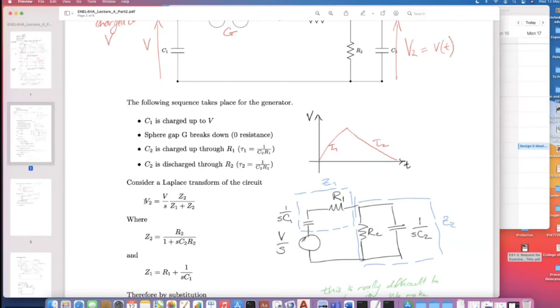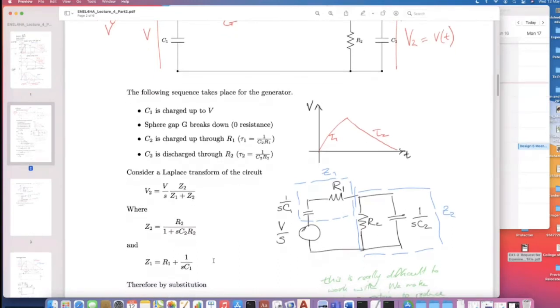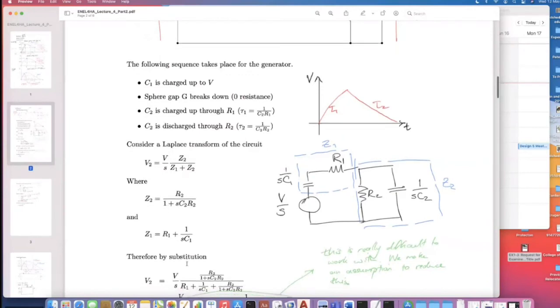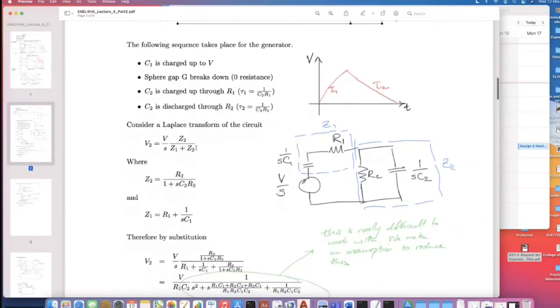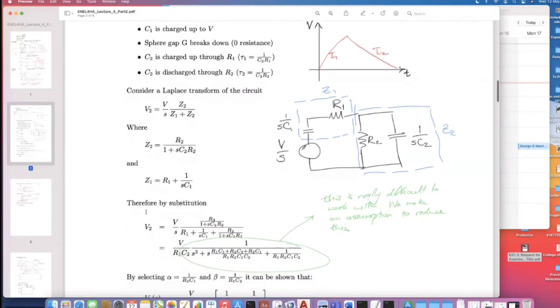If we just take our voltage divider rule, V2, our voltage across Z2, will be equal to the voltage from the source, V divided by S, times Z2 divided by Z1 plus Z2. Right. We have our definitions of Z1 and Z2, and we can put those into the equation.